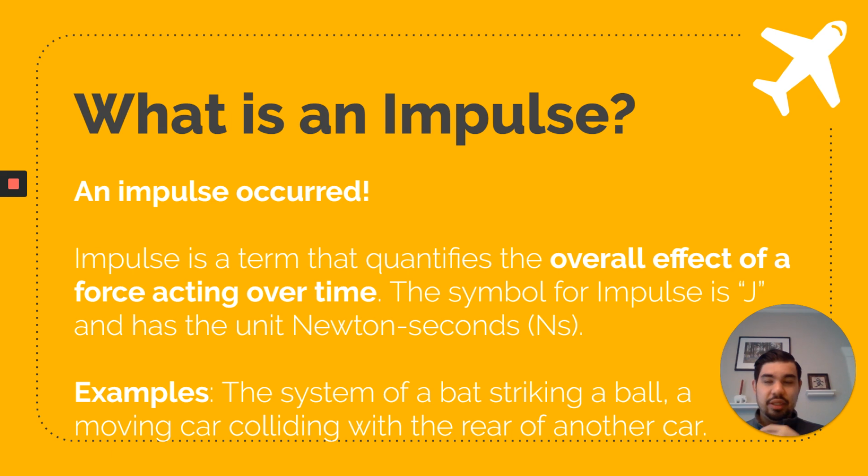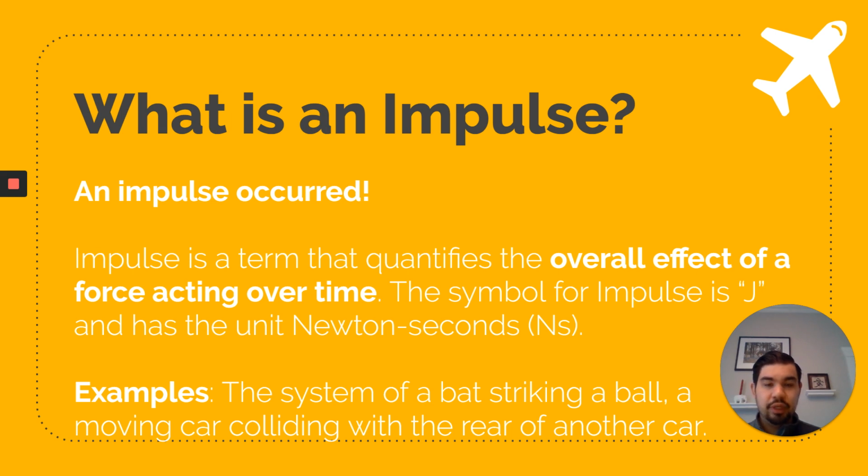Basically, it's the moment in which a force is applied within a system and then causes a change in momentum. So again, in this case, a softball is being thrown towards you. Your bat hits the ball, and now the momentum of the ball has changed, and it's going in the opposite direction. That change in the momentum is the impulse.